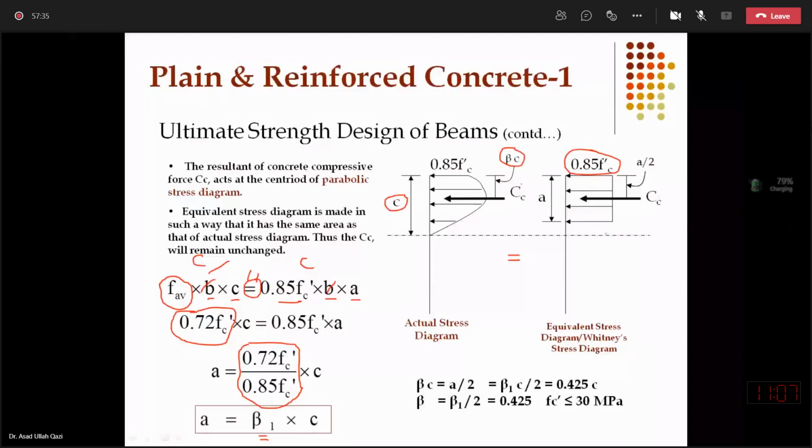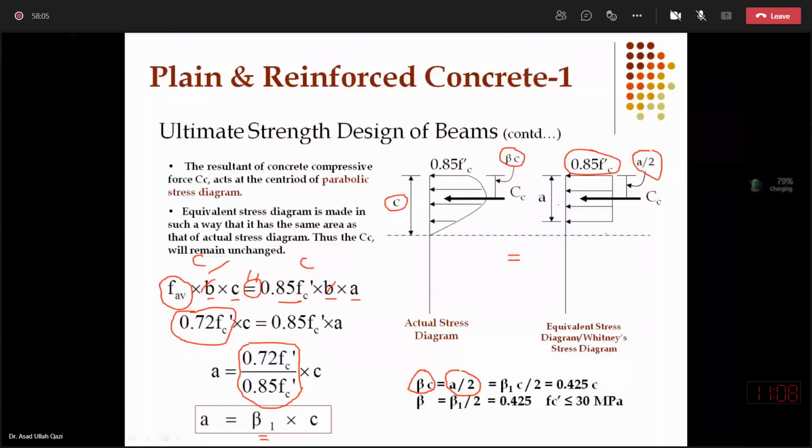So if this is beta times the actual neutral axis depth, and in the simplified picture, the point of application is A by 2 because uniform stresses are present, we need to make them equal. So I will say beta C will be equal to A by 2 if I claim that from both pictures I will get the same lever arm.